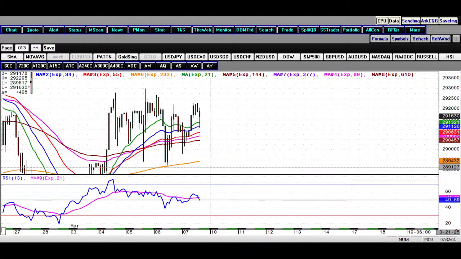I'm not sure what price it is trading at now, because usually my feed.